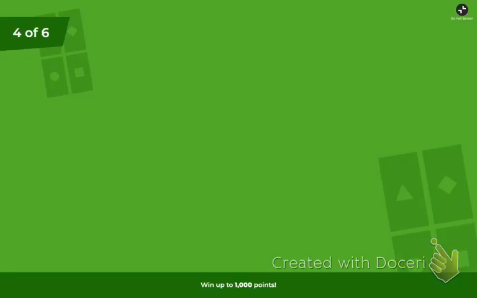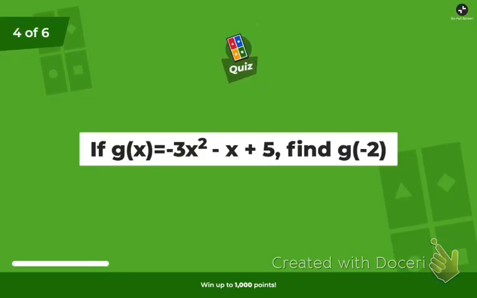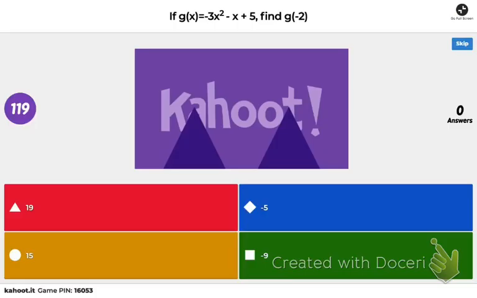g of x equals negative 3x squared minus x plus 5. Find g of negative 2. I think the last 2 questions are a little bit different. Hey, yes, oh, awesome. I think we got delivered.